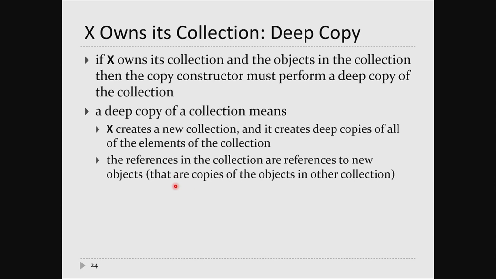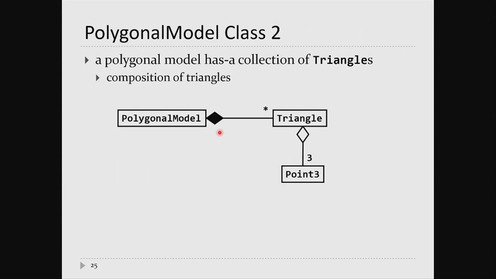Okay, so what's inside of the new collection? It's a bunch of new objects. So the references in the collection are now references to new objects. So now the UML class diagram changes a little bit.